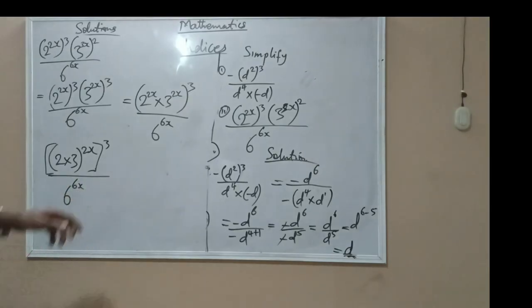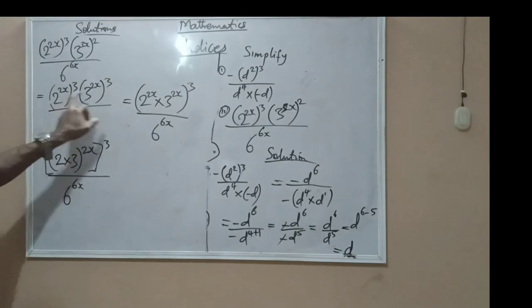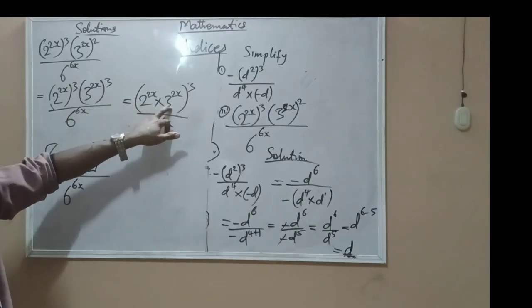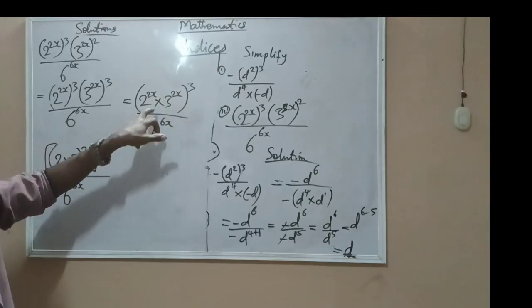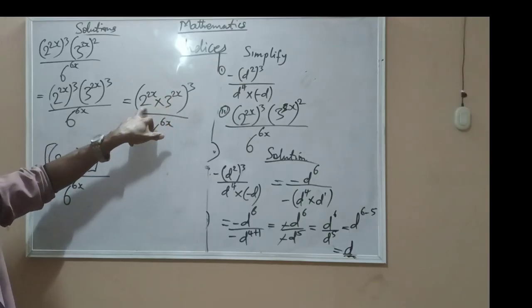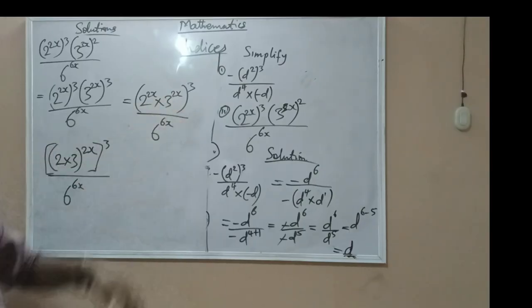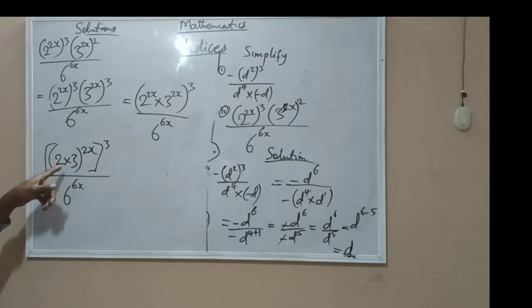The same method we used for this one is the same thing we used for this one. Each of them raised to the power 2x is the same thing as both of them all raised to the power 2x. That is what we used here.